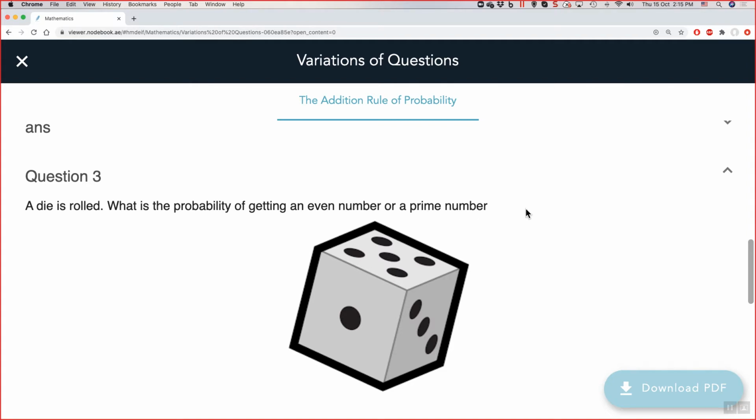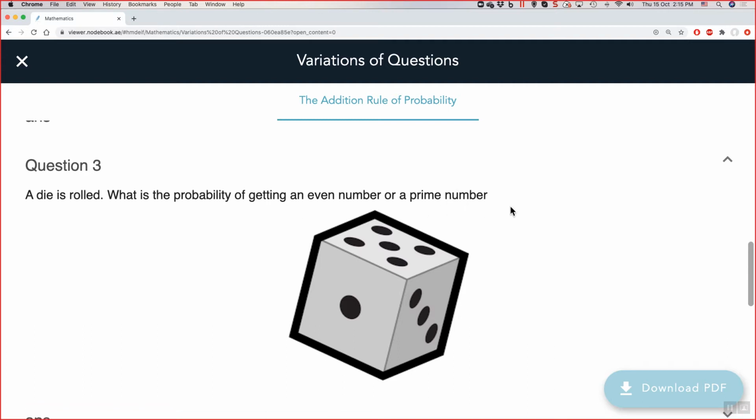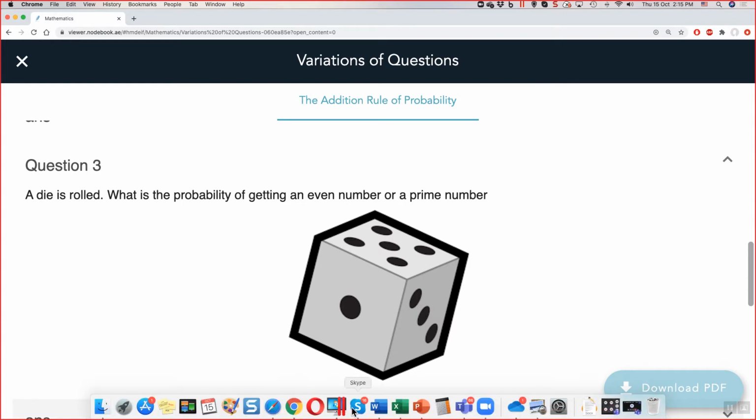Okay, so here I have 2 events. One of them is even and one of them is prime. And I want to get the union. So if I want the union, it's maybe useful to list these, write them together. Let's think of the even. What is the even? Let's just write that.